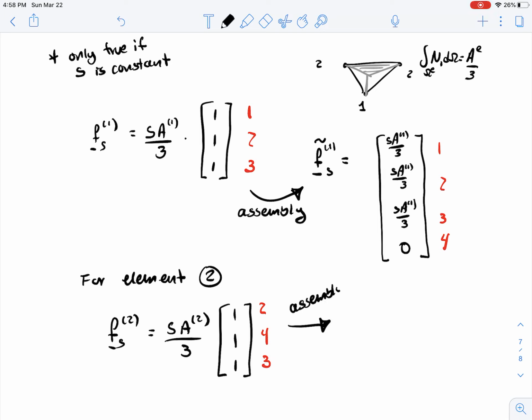So we can do the assembly into the big fs2 tilde vector, which is size 4.